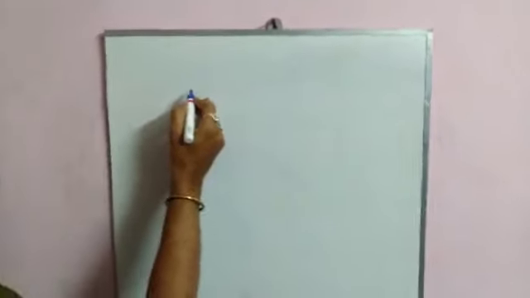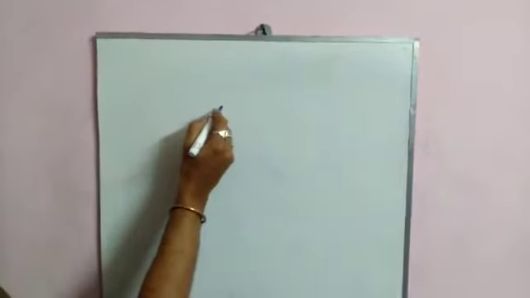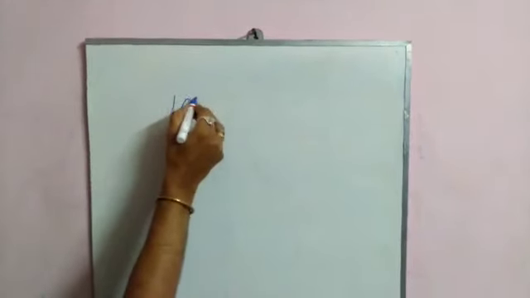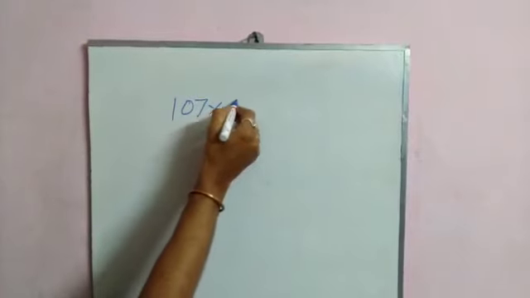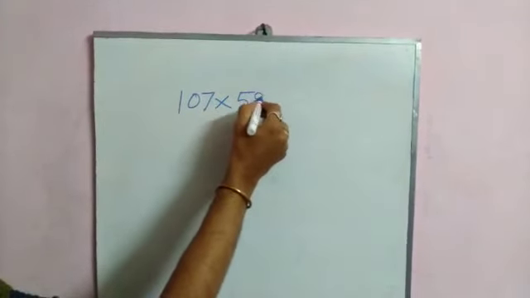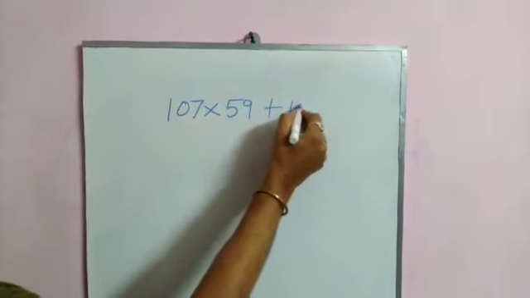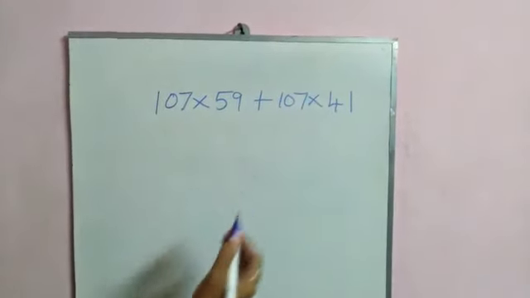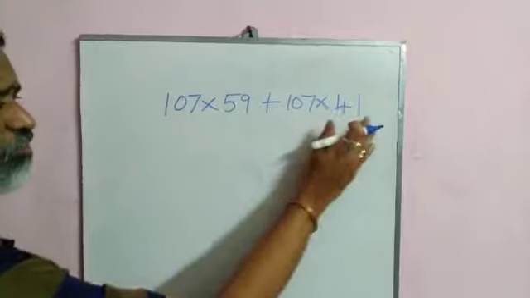Let us see how to use this distributive property to find some values. For example, I have a number like this: 107 into 59 plus 107 into 41. I want to find the value of this.